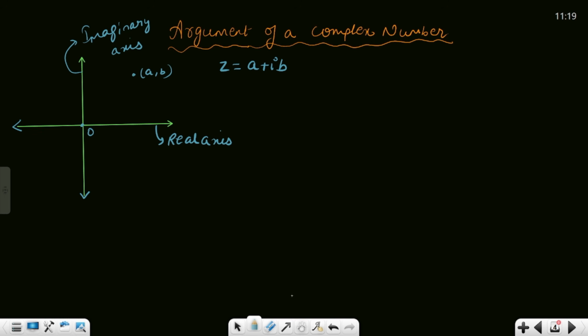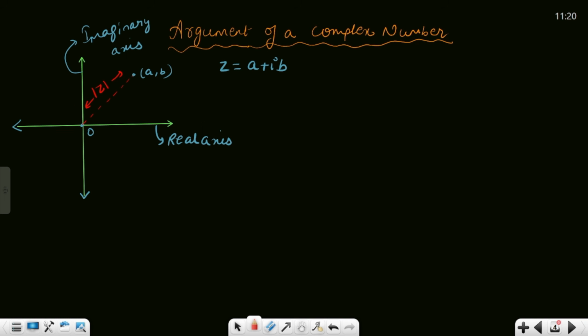From the origin to that complex number, my distance represents the modulus of z.